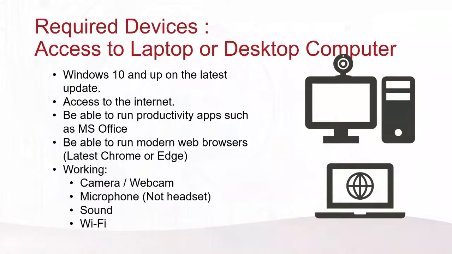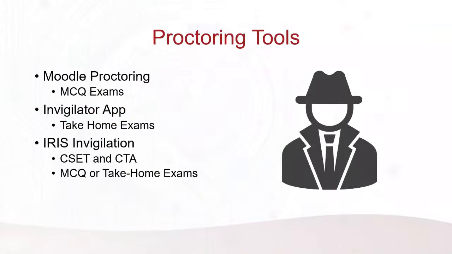And make sure it's got enough RAM so it can run at least Office applications very well. For Iris, you will need Chrome or Microsoft Edge. If you're going to be using Moodle proctoring, it uses the camera as well on the device, but you can use your phone or the desktop PC. But just make sure that those cameras and everything are working.